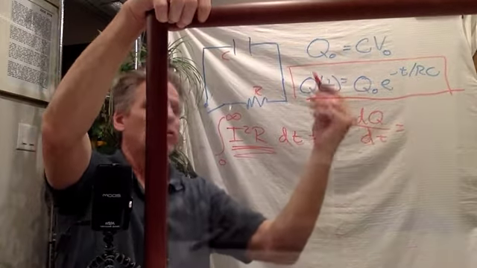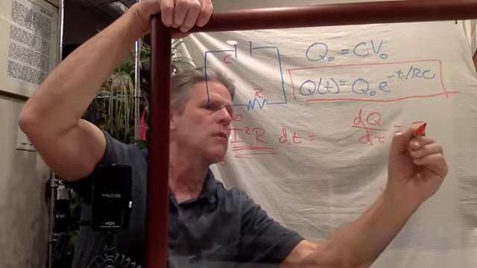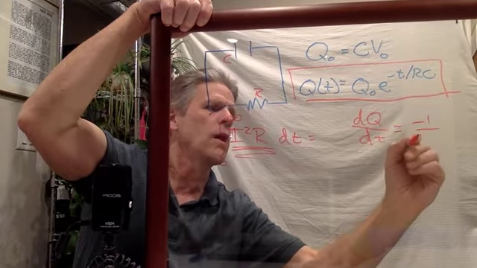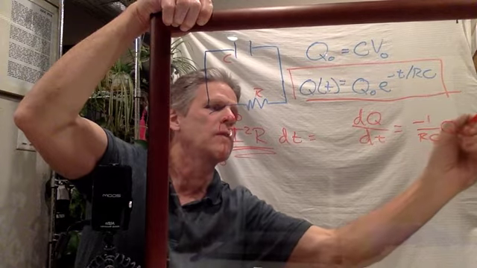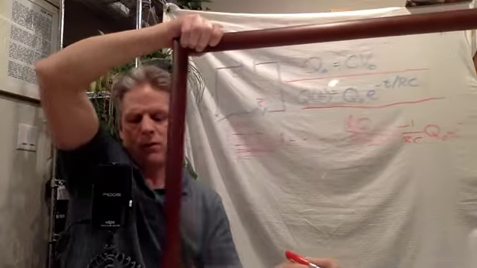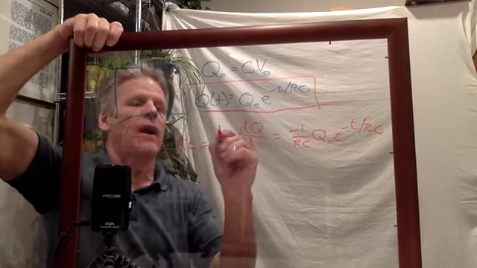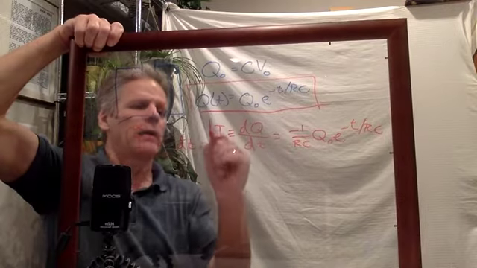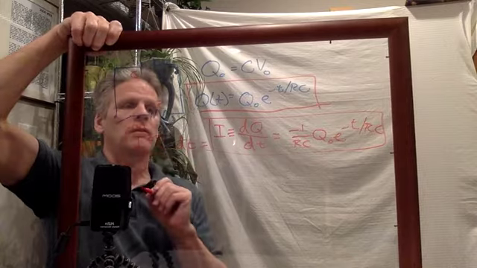So our current is just dq dt, which is minus 1 over RC Q0 e to the minus t over RC. I'm going to pull that over here. Okay, so this is dq dt, which is I. By definition, this is I. All right, so now we have current. Now we have resistance. Now we're done.